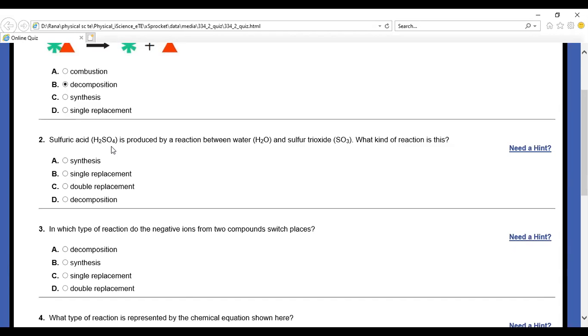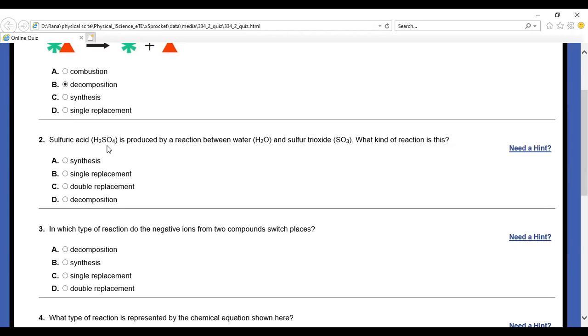Is there another product? No. So what are the reactants? H2O and SO3. So we have two reactants that produce one product.